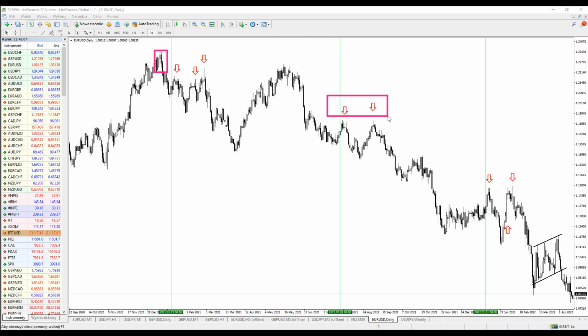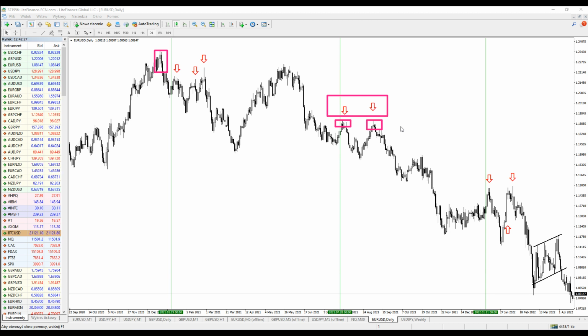Again, two more examples with the shadows when it comes to the upside. Supply, swing high, supply, meaning that the bulls have been trapped.